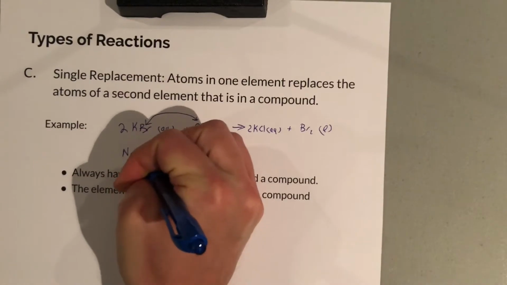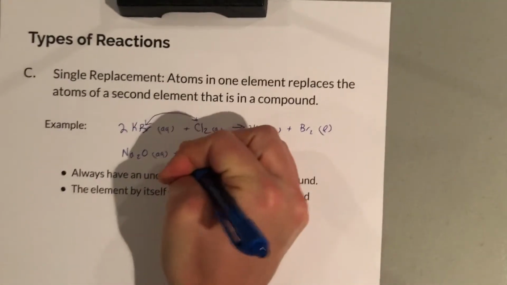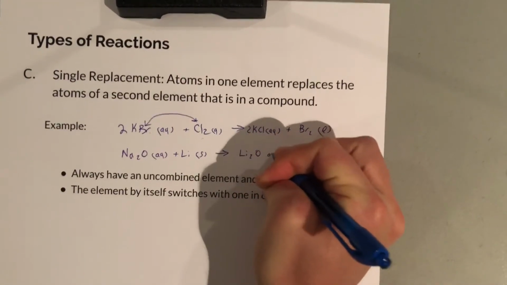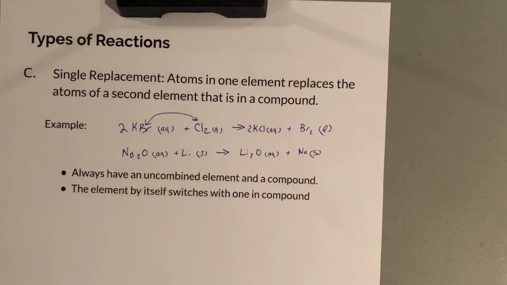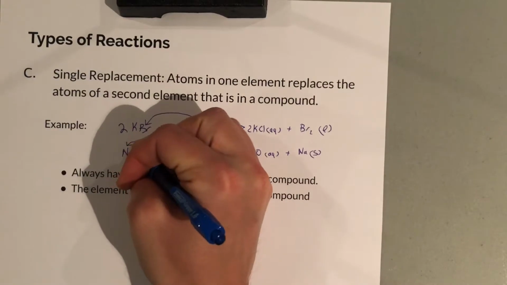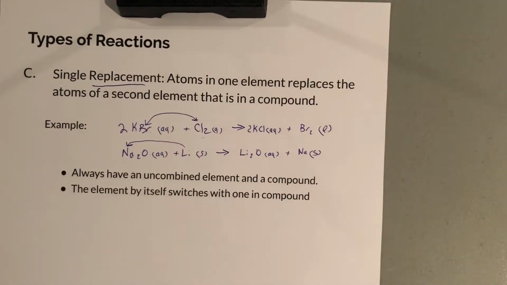Another example would be Na2O plus Li goes to form Li2O and Na. Again, what happened? Lithium went in and switched spots or replaced sodium. So one thing is switching spots with another thing, which is why it's called a single replacement reaction.